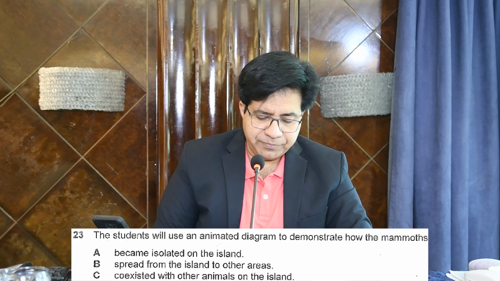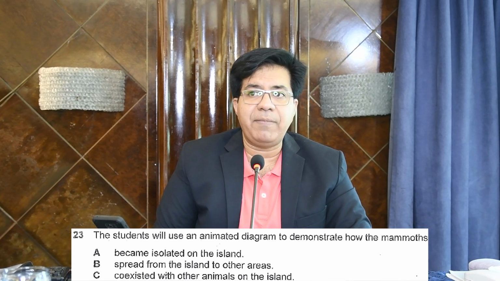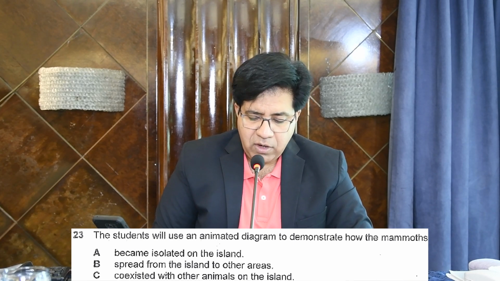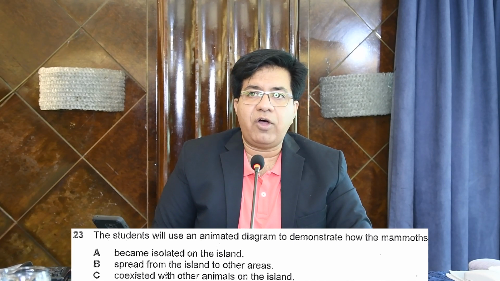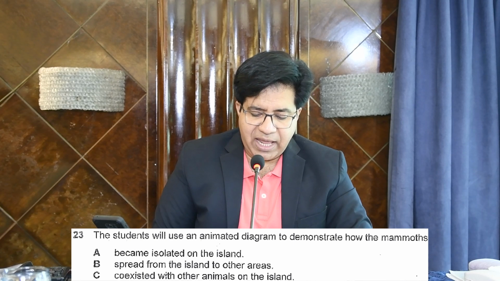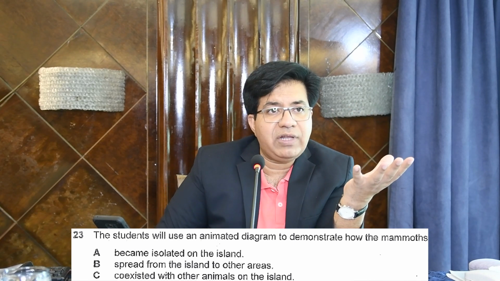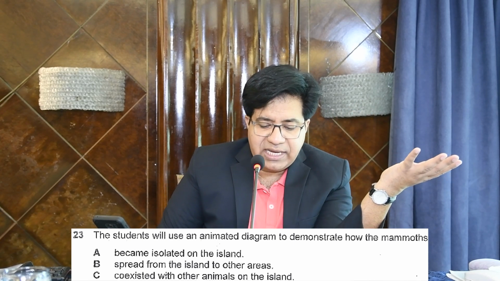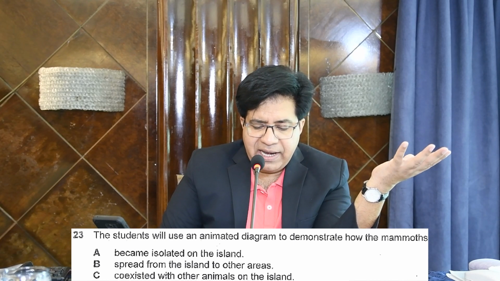Question number 23. Students will use an animated diagram to demonstrate how mammoths... What is the purpose of the animated diagram? To demonstrate how they became isolated on the island. Option B, spread from island to other areas.